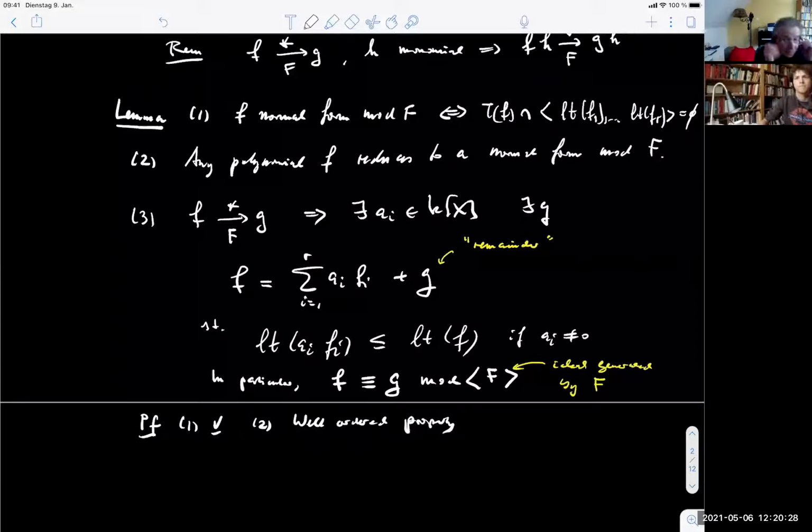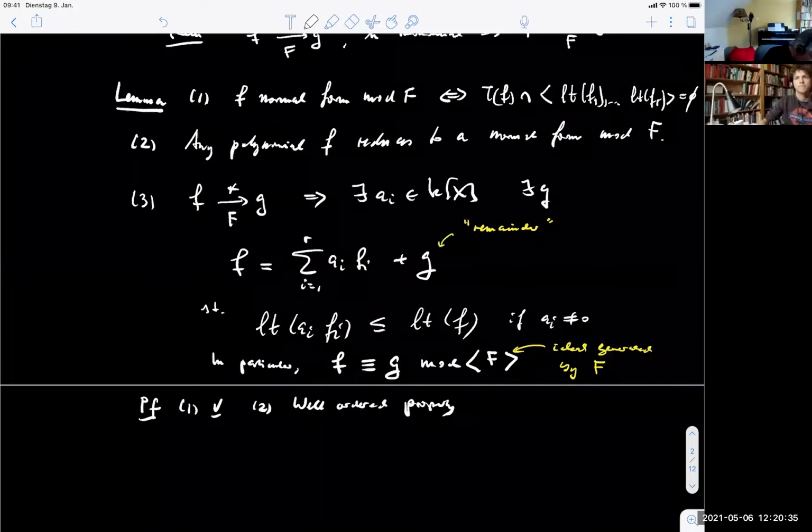So this was okay. I refer to the result we had on Tuesday. And 3, okay, this requires a little bit of work, but not much. So we can do an inductive proof because I introduced this notion of m-step reduction. So I can make an inductive proof.